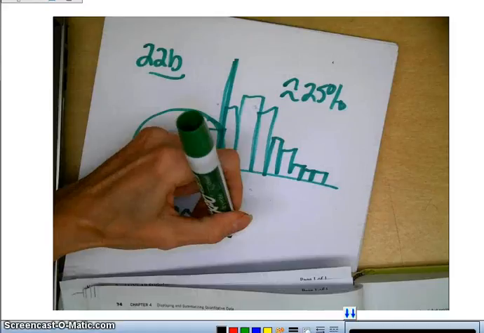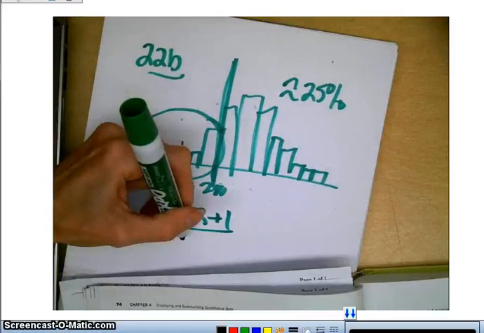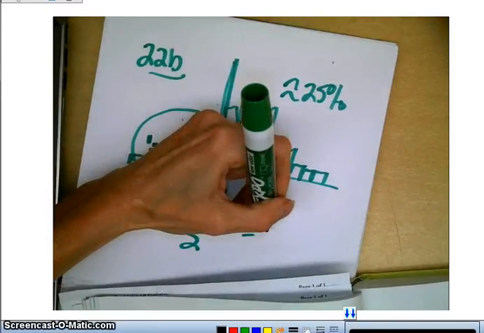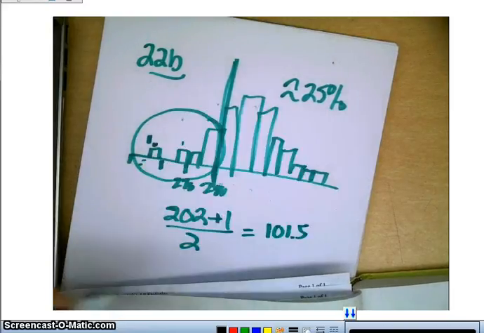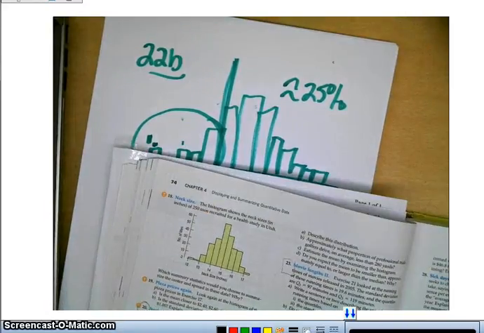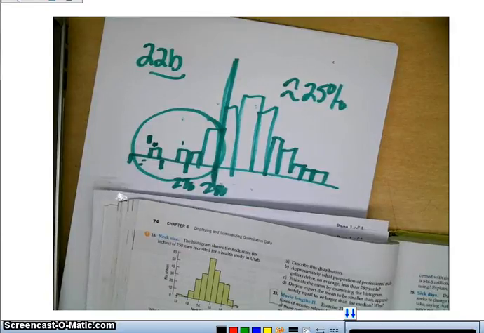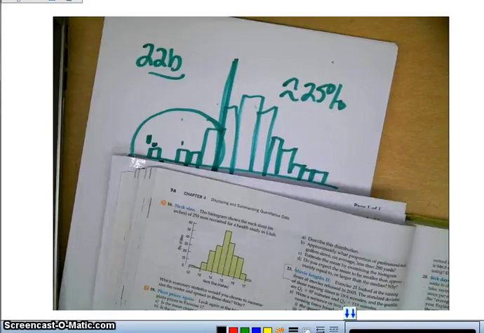202 plus 1 divided by 2. So that's 203 divided by 2, or 101.5. So you're looking wherever the 101 and a half observation would be. And that would be where the median is. So you can start and say, okay, there's 1, there's 3, there's maybe 4, 5, 6, 7, 27, 47.